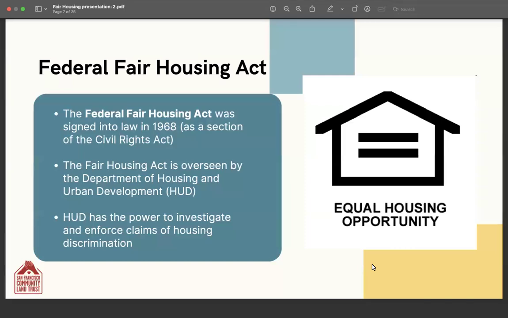When a complaint is filed with HUD, the household will receive the notice and they can either resolve the complaint through mediation or through going to court. And court specifically can be very costly.